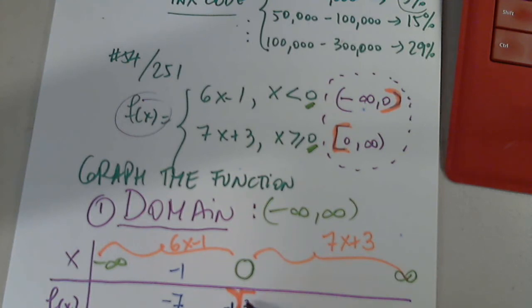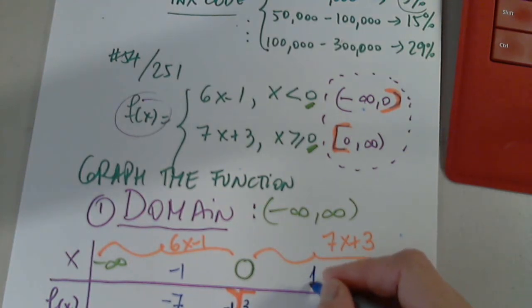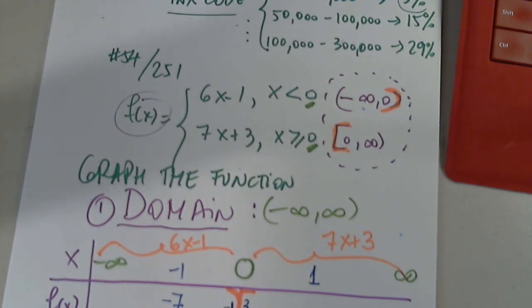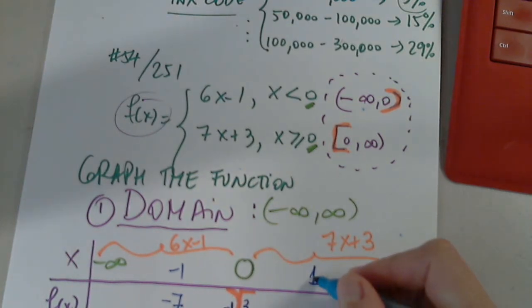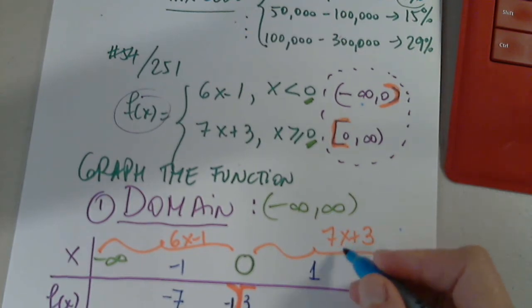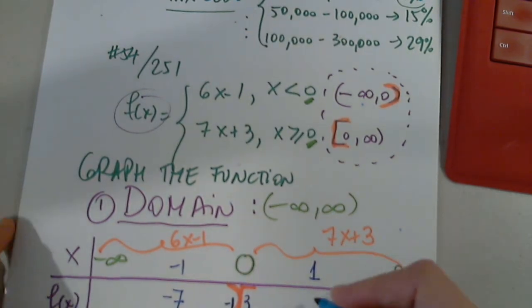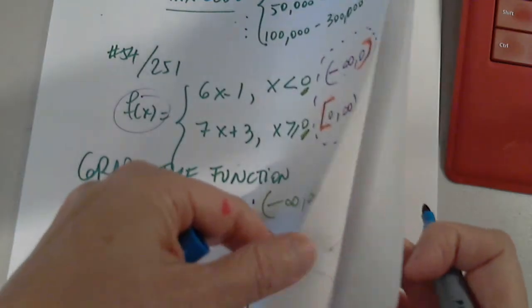Very good. Right here inside the bracket. And let's say 1 on this side, and please plug it in and tell me what you get. What do we get for the output when we plug in 1? Very good.